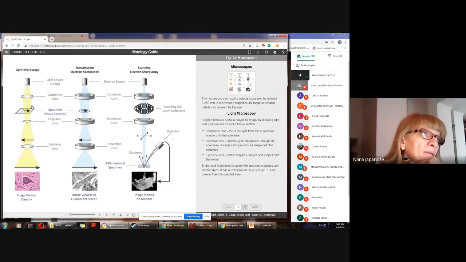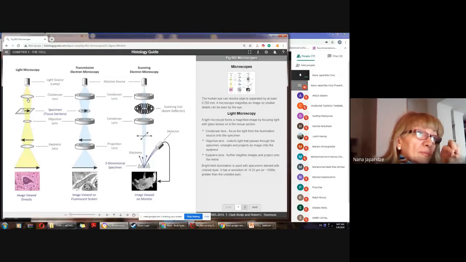Then the condenser focuses the beam of light on this tissue sample. Then we have objective lenses, then eyepiece lens, and finally we obtain the image.